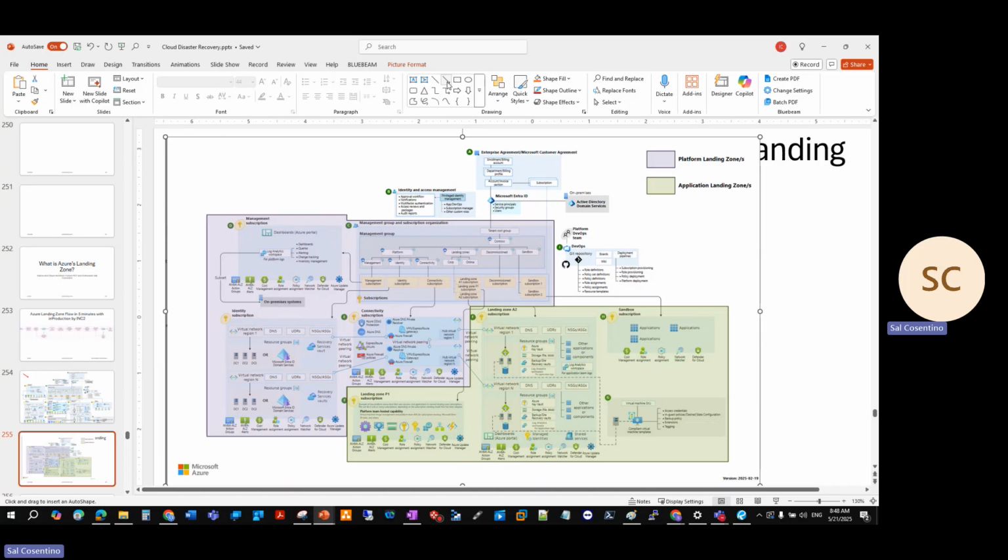And let me grab my arrow here. Grab my red arrow. Grab that red pen here. And again, this little purple area here is where you have your management group subscription, your identity subscription, and your connectivity subscription, letter E. You'll see the different architectures that are involved within each of these.